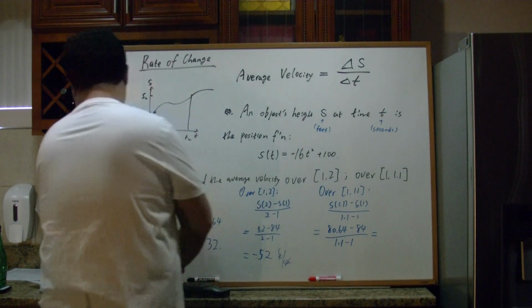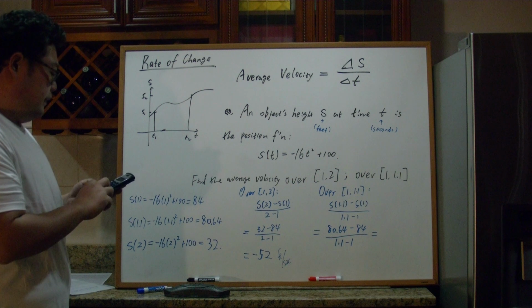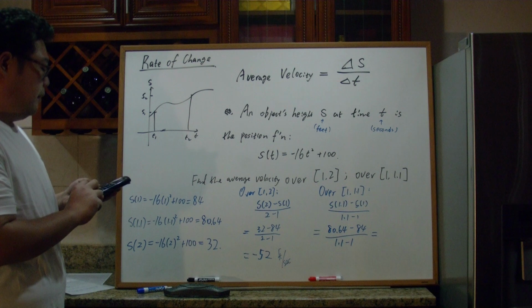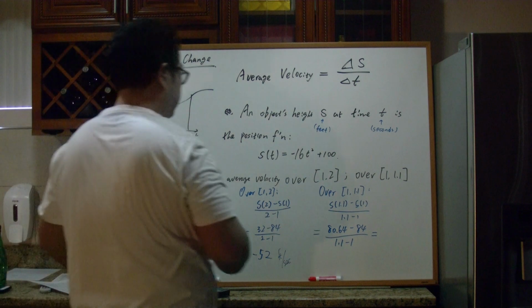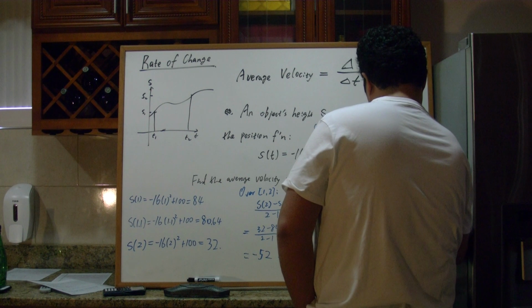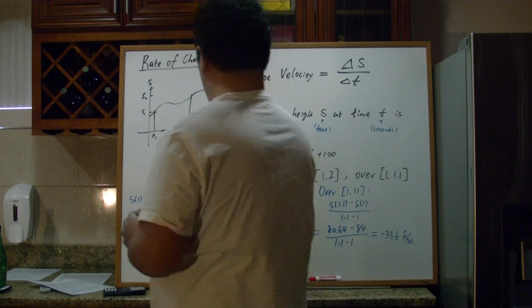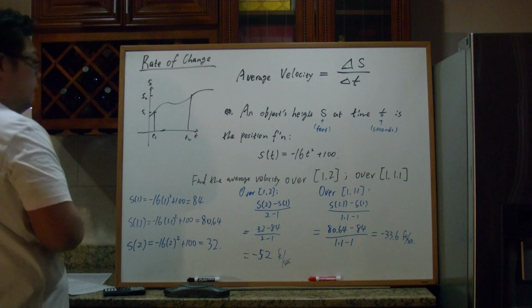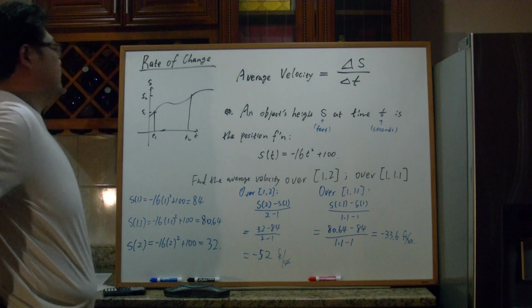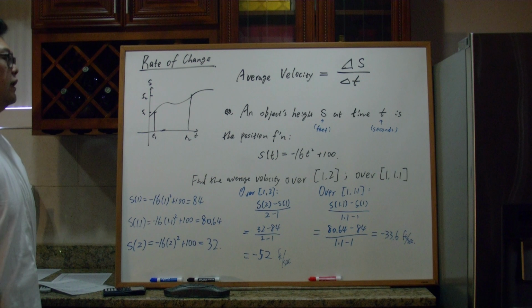You can use a calculator to find it. That's negative 33.6 feet per second. So that is how we find the average velocity.